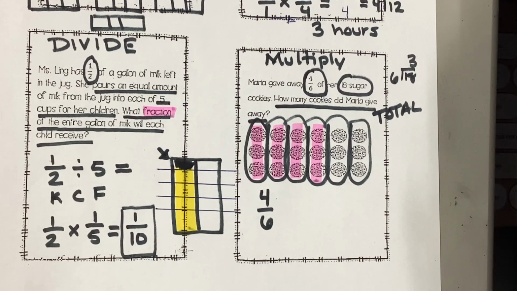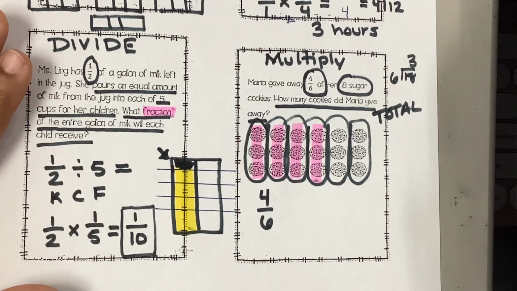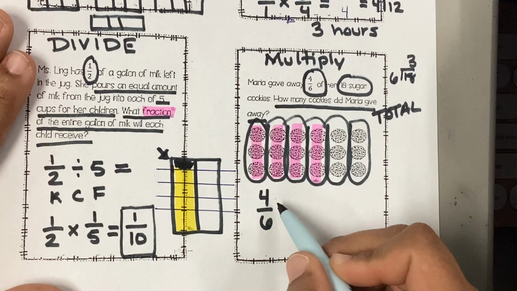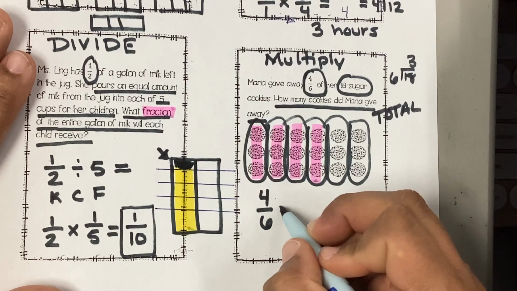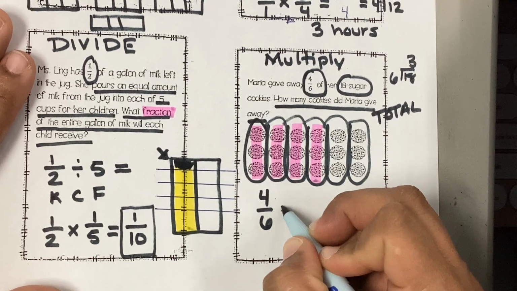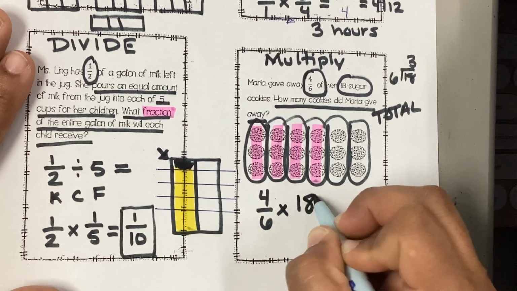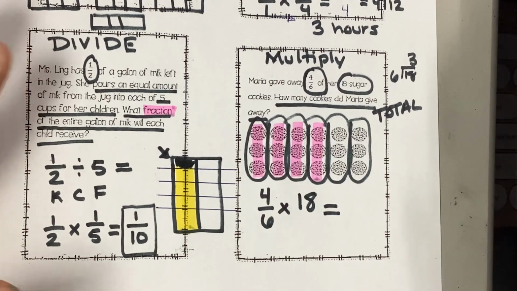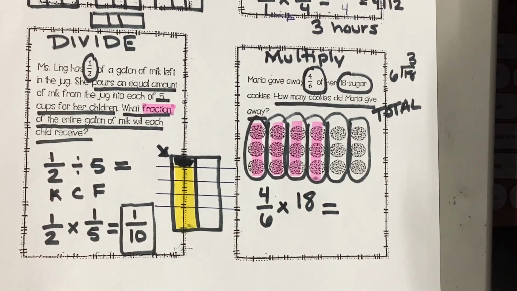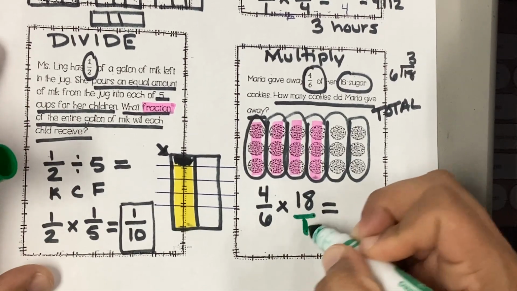Let's see if that's correct. Let's do the computation. 4/6 of 18. So of, again, means to multiply. 18, and we want to know, what is that equal? So to start, we have to take that whole number and put it over the number 1.